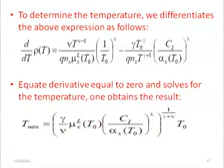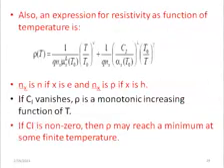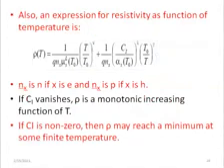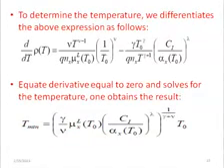By finite, we mean a temperature which can be measured, but if it is into infinity, then something else comes in. So if you want to determine that temperature, we only differentiate this function. When we differentiate it with respect to the temperature, we can get the expression for that temperature.